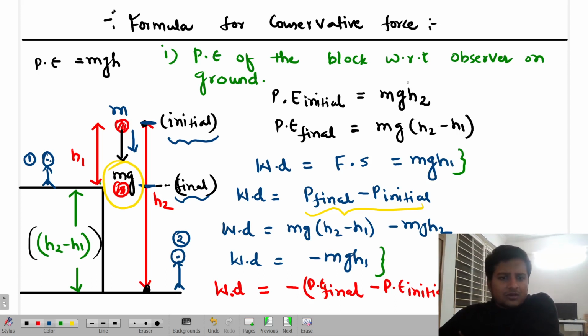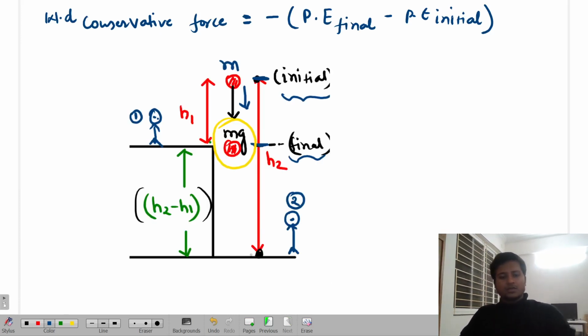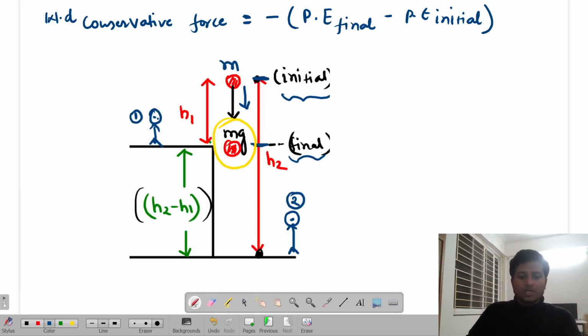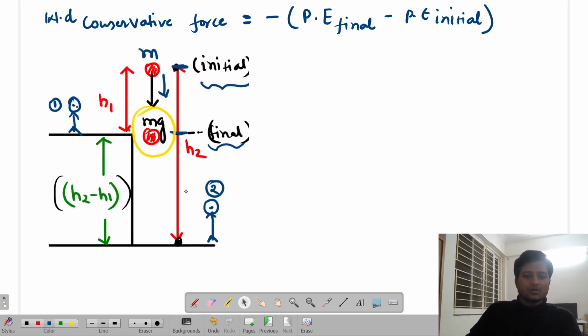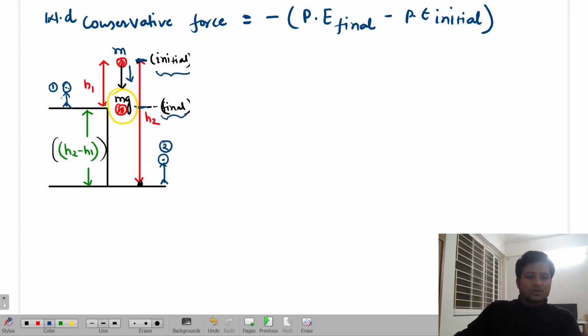Now, this same calculation we are going to do. One minute. This same calculation, let me test it. In this whole calculation, we took two observers or not? So let us do this calculation once again based upon which observer? This first observer. Which observer? Yeah.